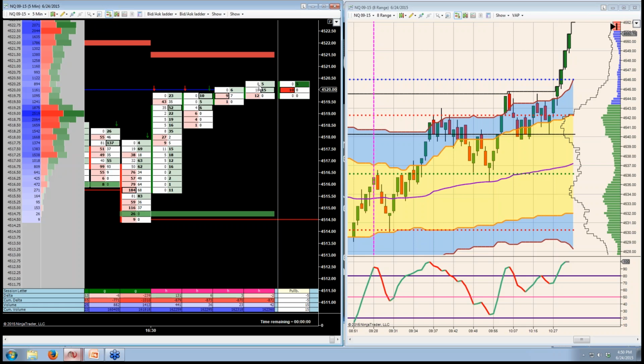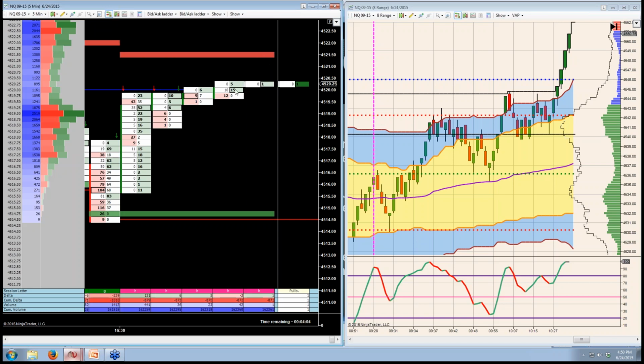So let's say that you were looking to take a buy on the break of this red line here, and you've got your order flow bar forming here. At the top of the bar, you can see in looking at the orders that you have really low numbers, let's say, on the buy side. But on the sell side, looking down to the left of it, you have higher numbers on that side.